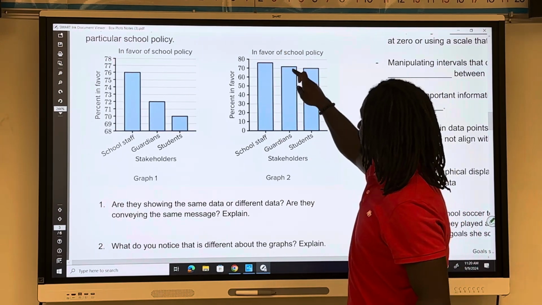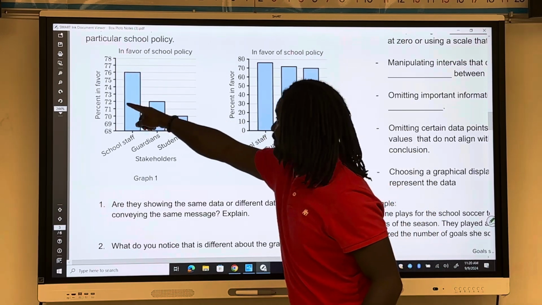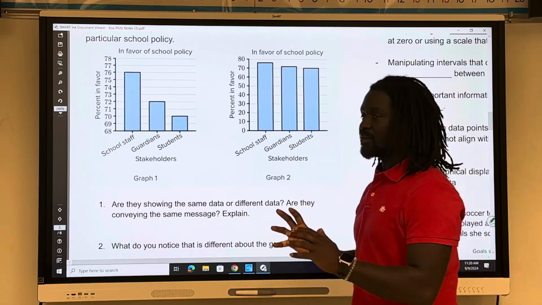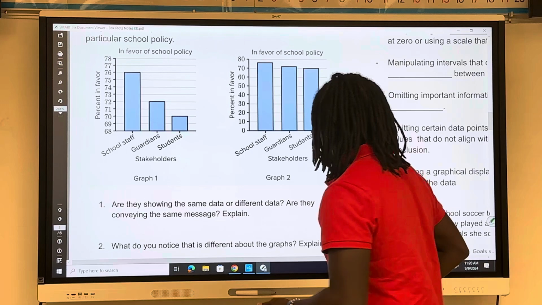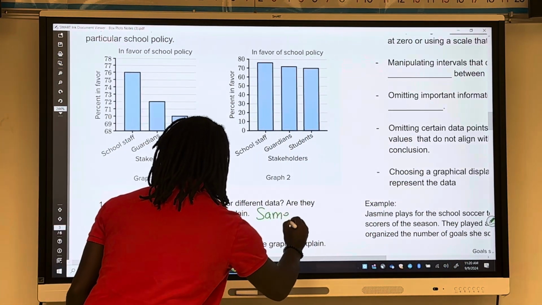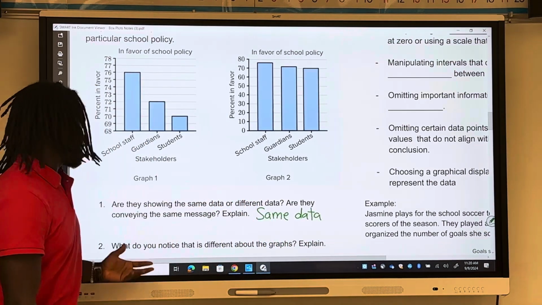For guardians, for parents, it's a little above, which appears to be 72. So the answer to that first question is they actually are showing the same data.